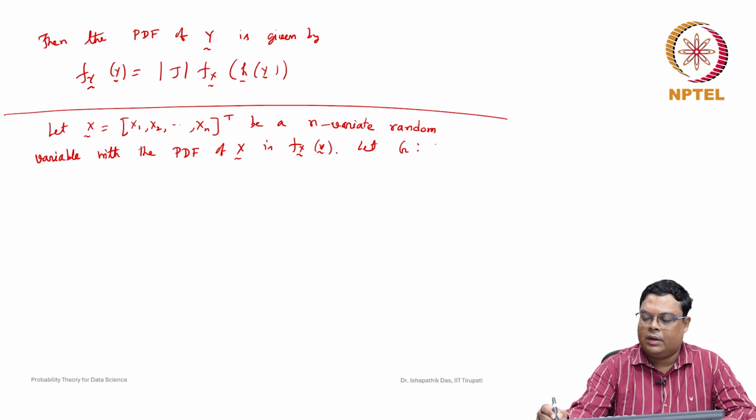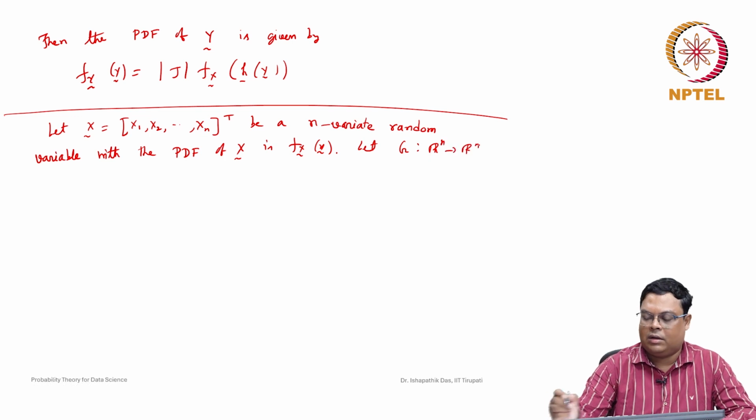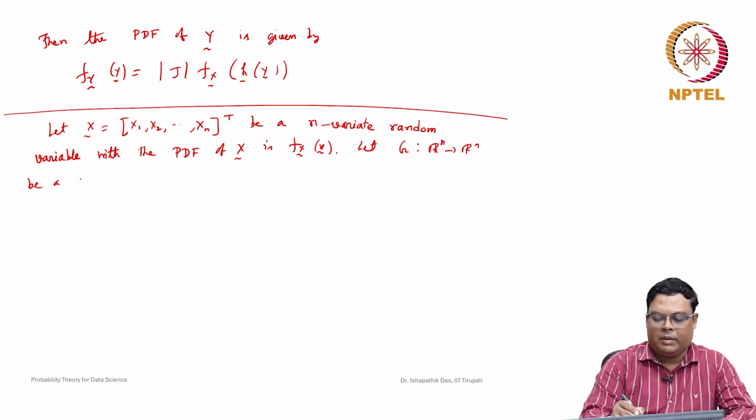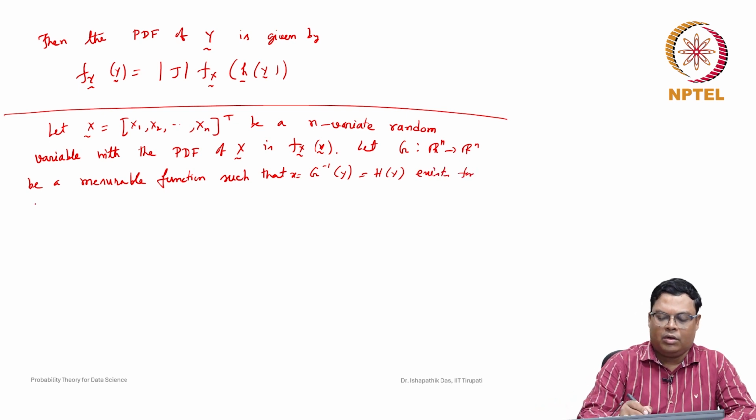Let g from Rn to Rn be a measurable function such that g inverse exists, x equal to g inverse of y, which is equal to h(y), for all y.